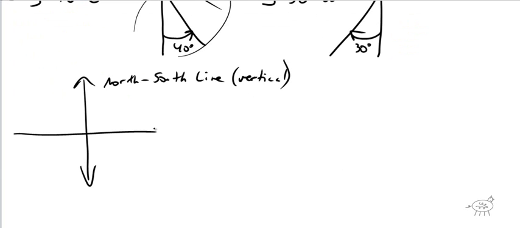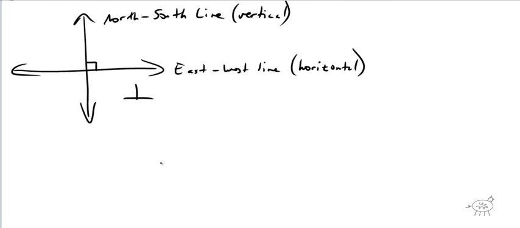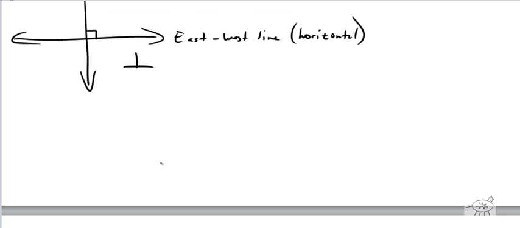And then this is an east-west line, which is basically a horizontal line. Very, very important. These are perpendicular. East-west lines and north-south lines are automatically perpendicular. And the last thing is talking about parallel lines.